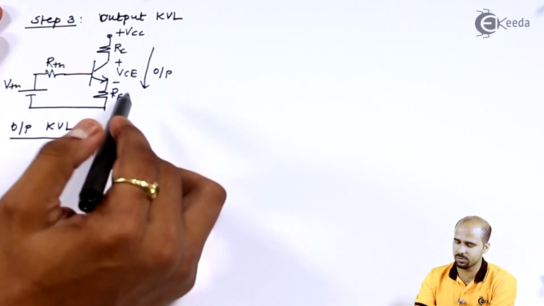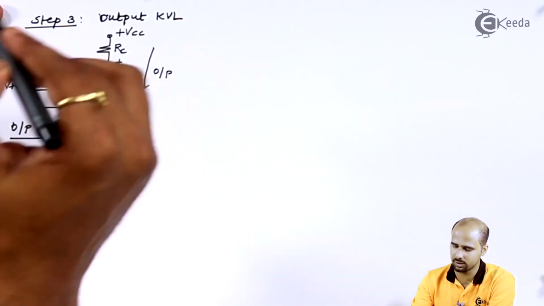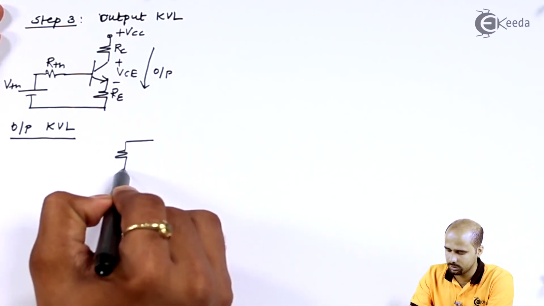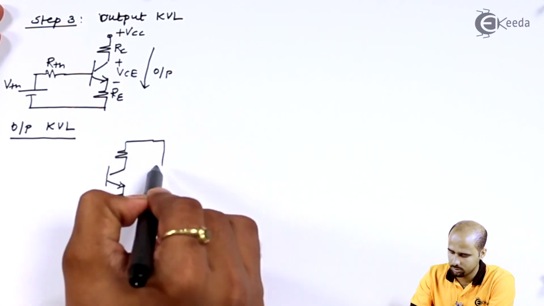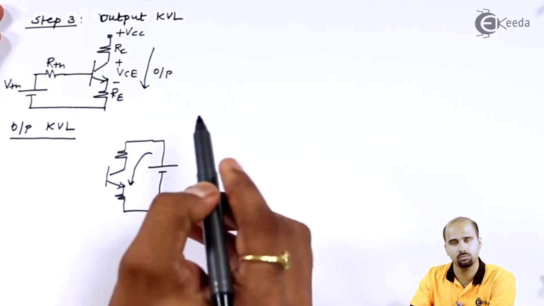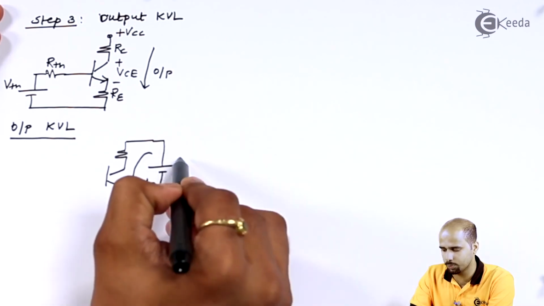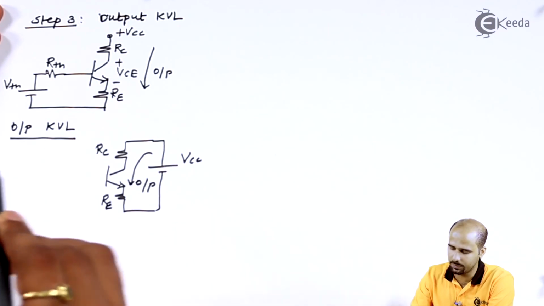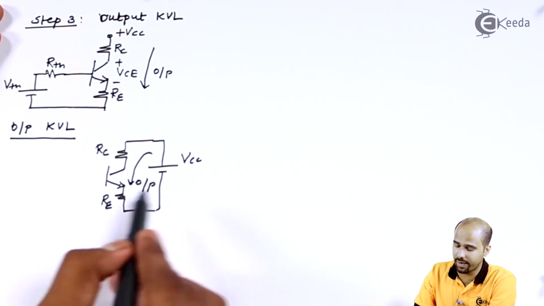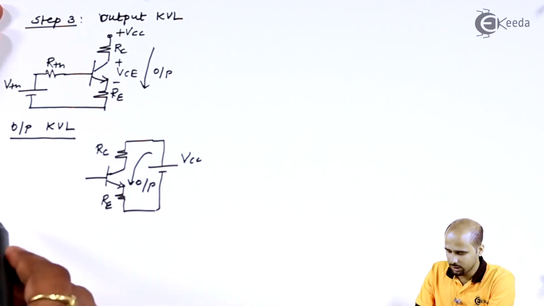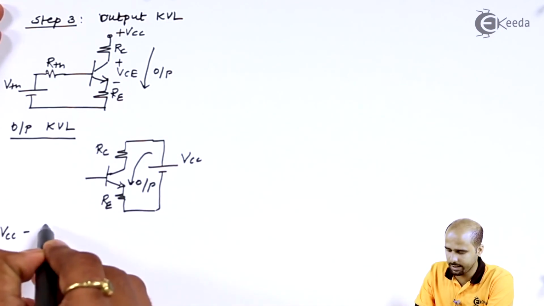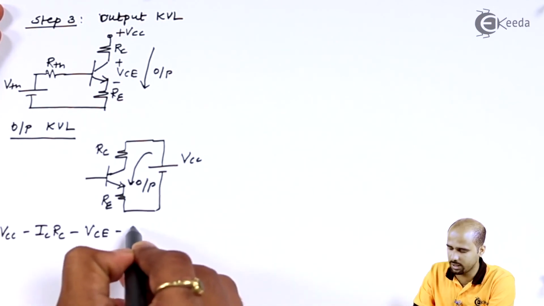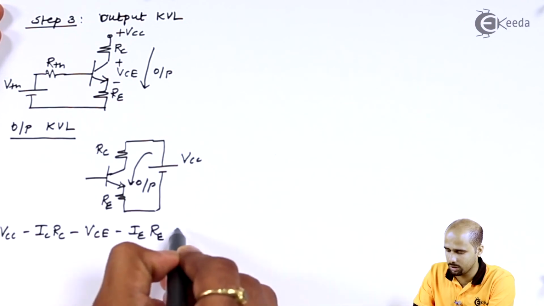This particular path gives me the loop of the output, with VCC, RC and RE. I can write the equation for output KVL: VCC minus IC RC minus VCE minus IE RE is equal to 0.